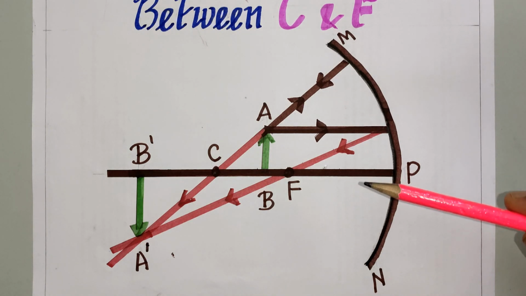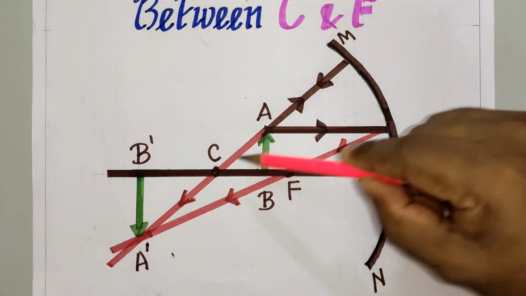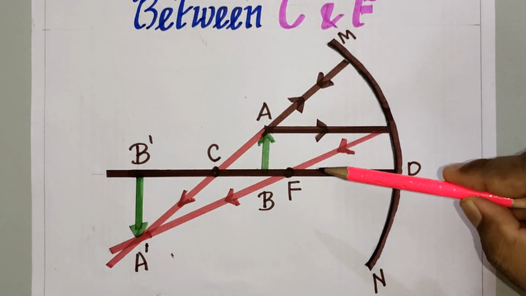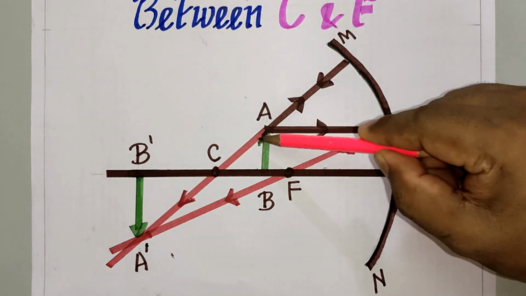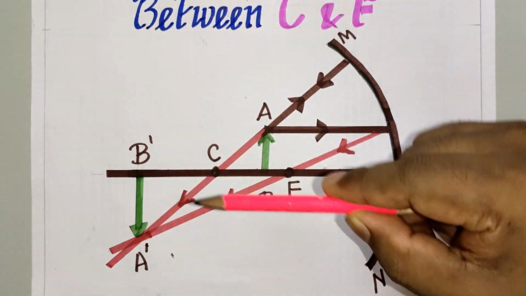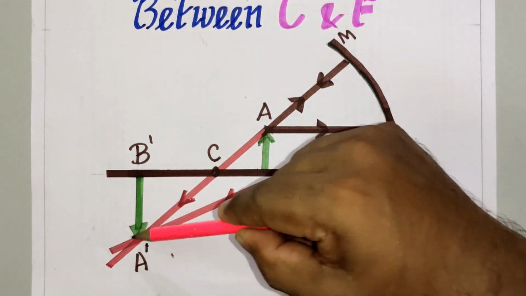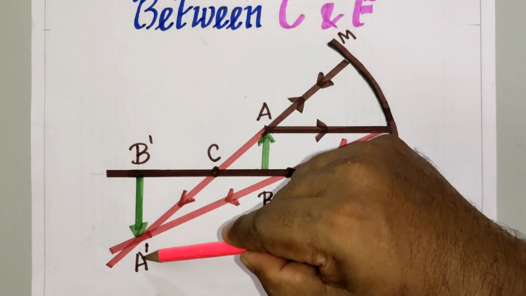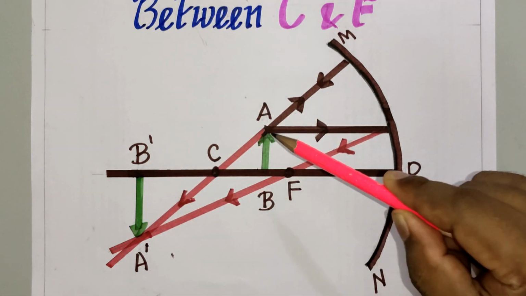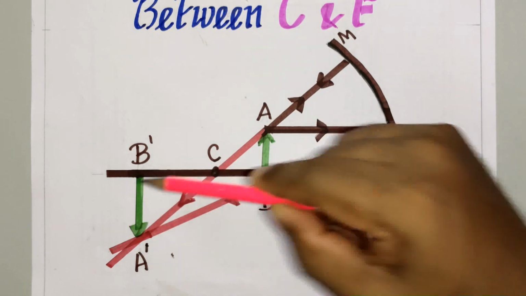Another rule, if the light ray passes through C, then it will reflect through C itself. These two reflected rays meet beyond C only. So we will get the image beyond C. AB is the object, A dash B dash is the image of the object. For this position also, we will get a real and inverted image.